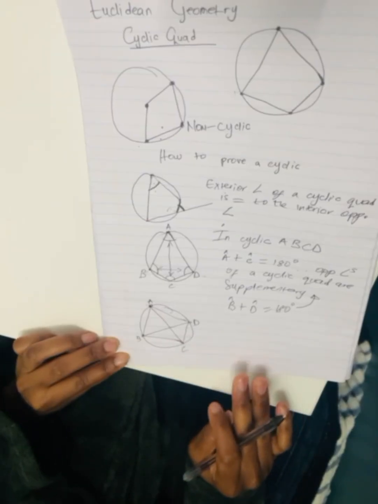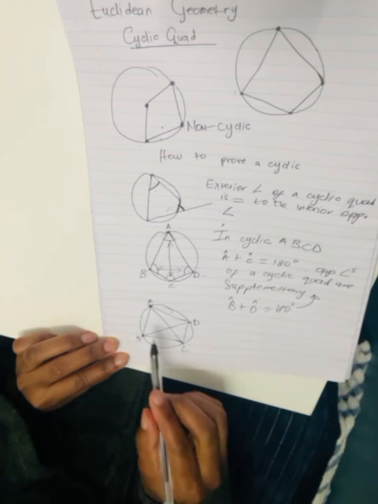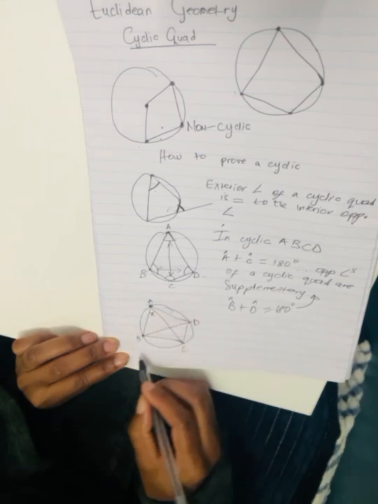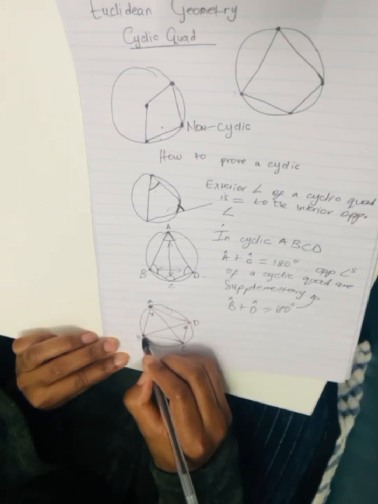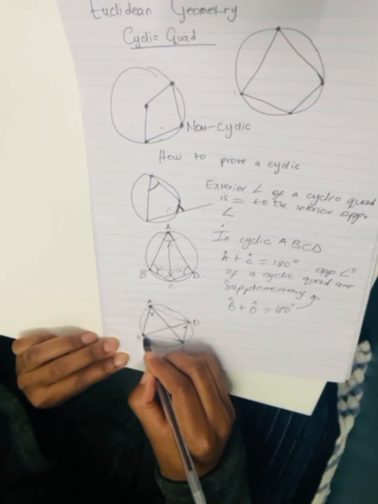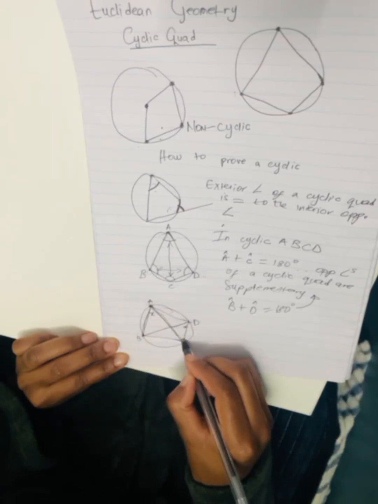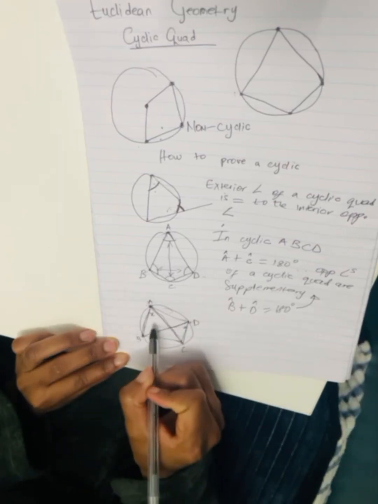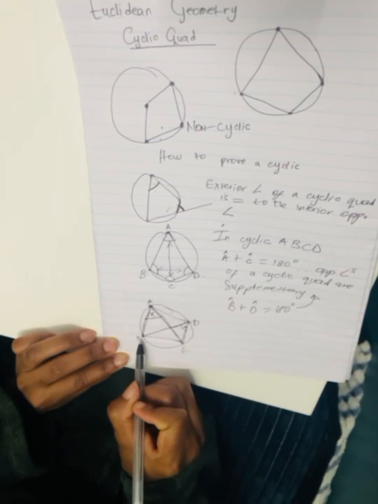Now you need to check in order to prove. If this is X and this is also X, they are angles from the same segment, or angles from the same chord, which is BC.